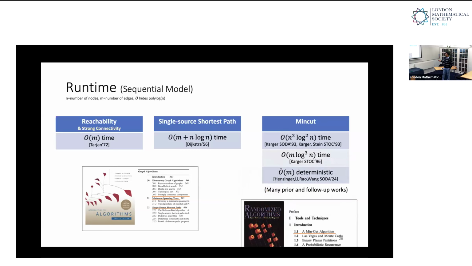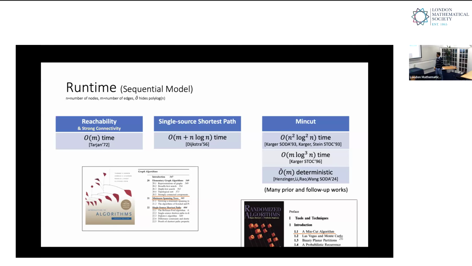For example, Karger's STOC '96 paper gives an m log cubed n algorithm, which is qualitatively better than n squared log squared n, because m can be at most n squared. If m is much smaller than n squared, then this algorithm wins hands down, right? And if you're following news from SODA 2024, you will see that there is also a deterministic version of this algorithm available, which has linear runtime.